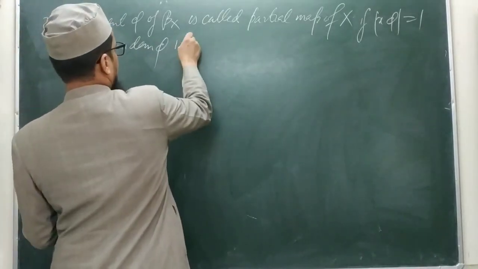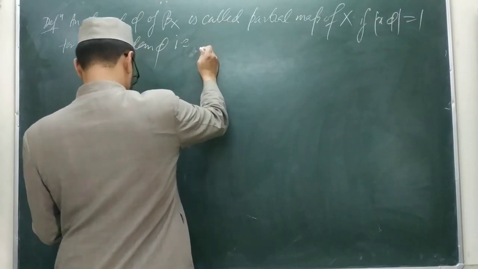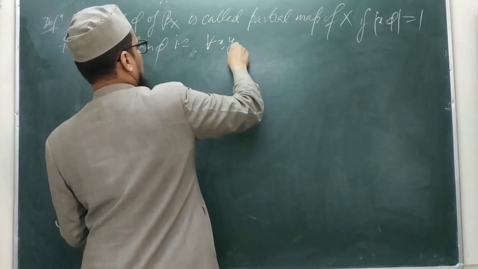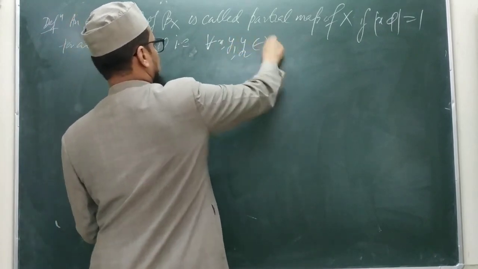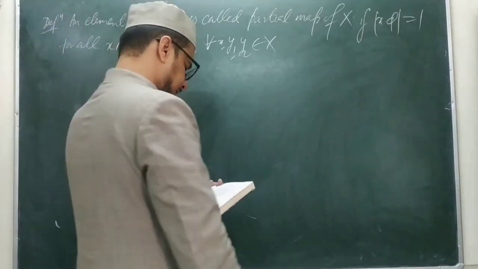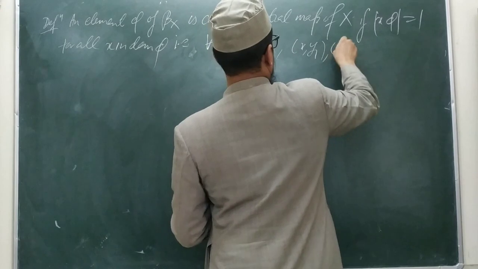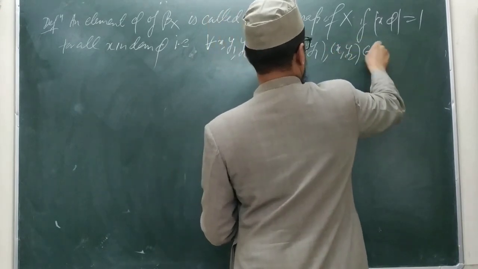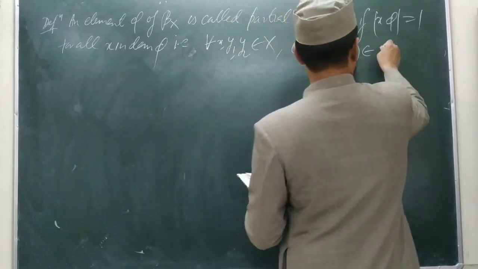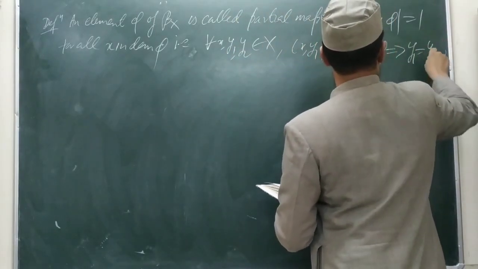That is, for every x, y1, y2 belonging to X, (x, y1), (x, y2) belongs to phi implies y1 is equal to y2.